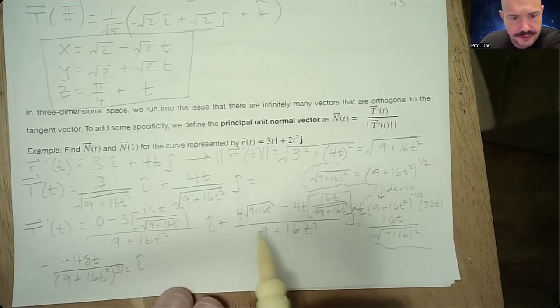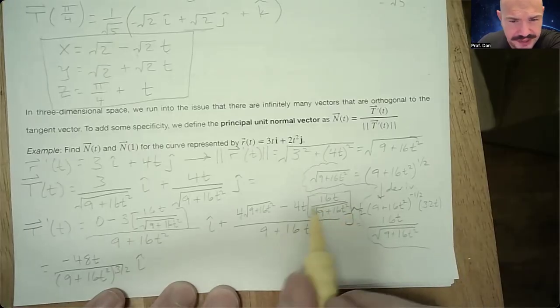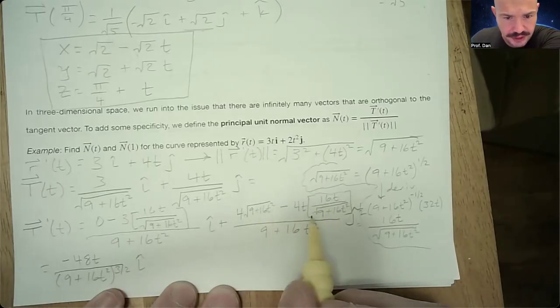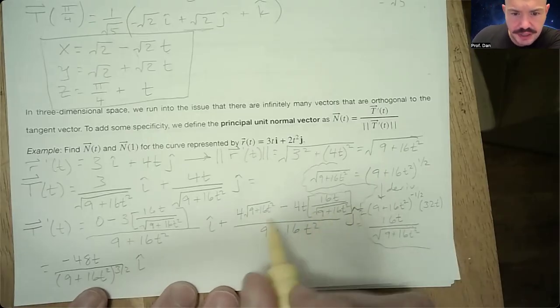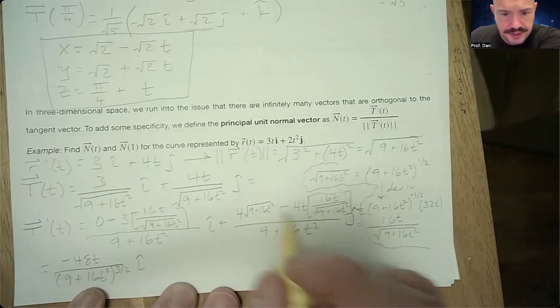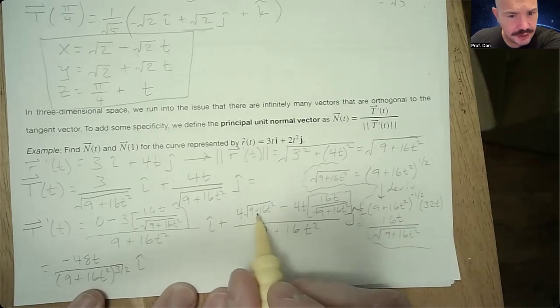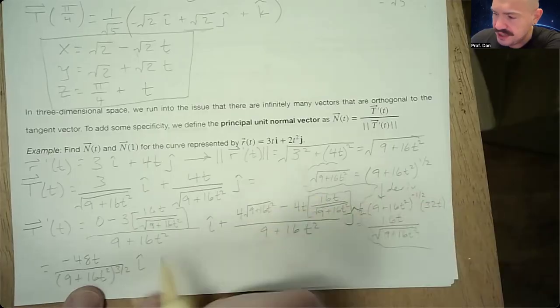Now for this one, same thing. We can multiply every term by this root in the numerator and then in the denominator. So in the numerator, since that's already a root, if I multiply it by itself, I get just the inside. So that's pretty convenient.